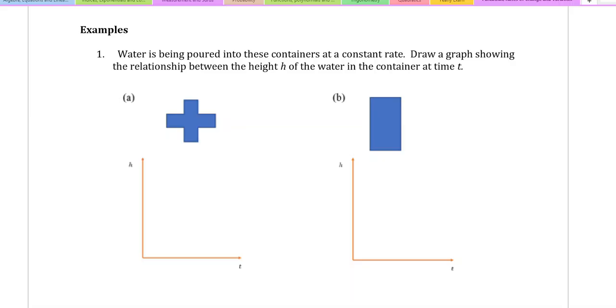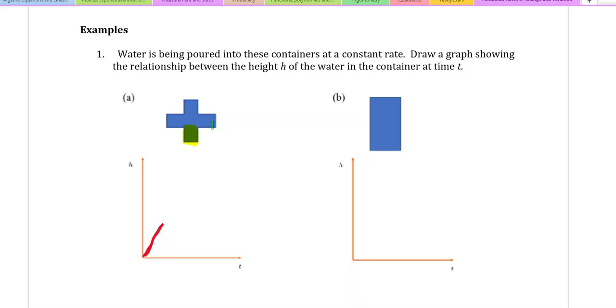We're just looking for a general idea of what the shape of the graph would look like. So as water is filling up in the bottom of this T section, it would be filling up at a constant rate quite quickly. So I would start with a fairly steep section for the first part of that straight line.